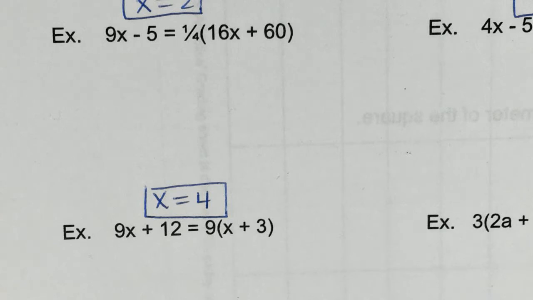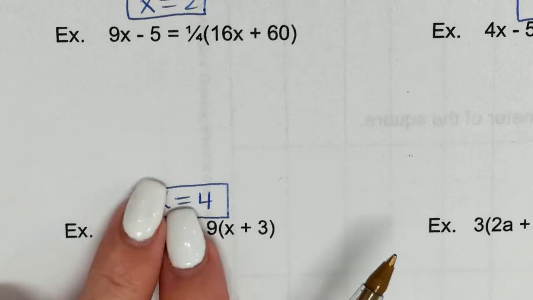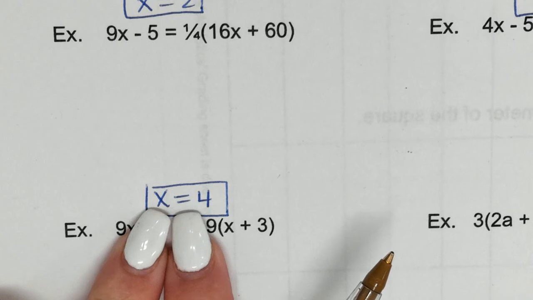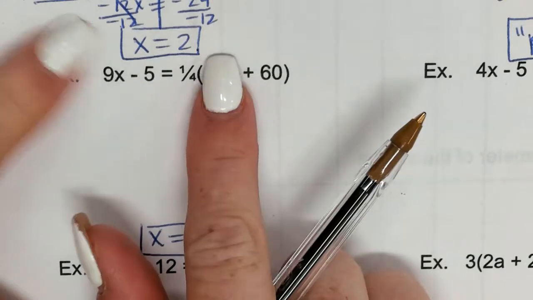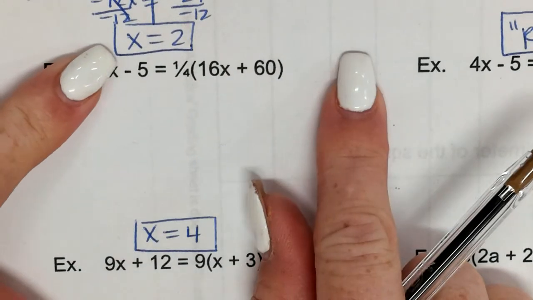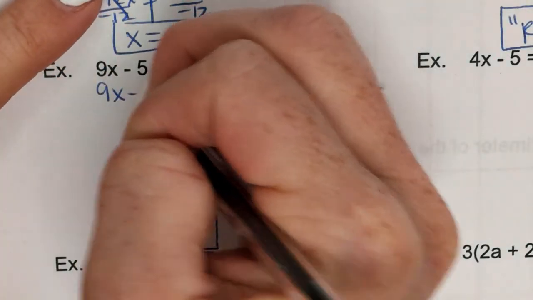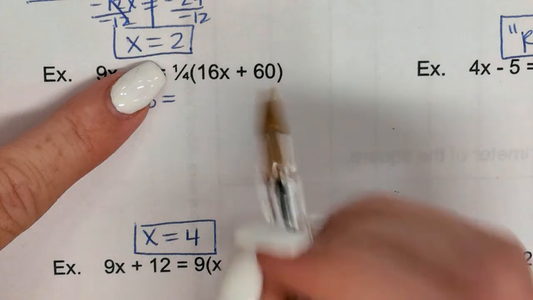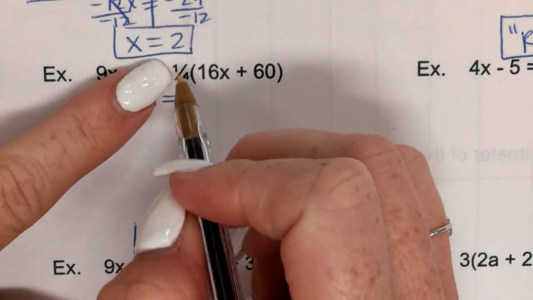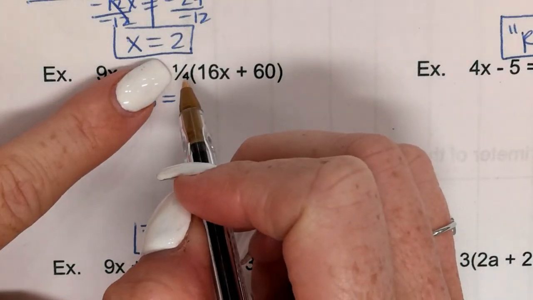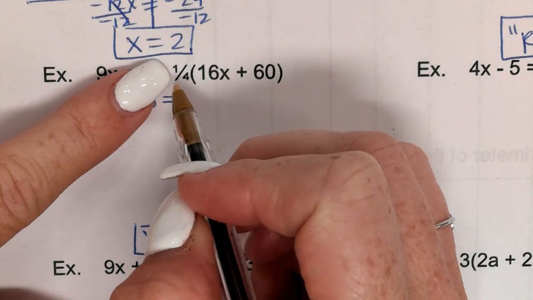So I know this has to be my answer, yes? All right, here we go. First step, are there any parentheses to get rid of? Yes. All right, so I'm going to do 9x minus 5 equals. I have to distribute a fourth. Could I change that to 25 cents? Yes.